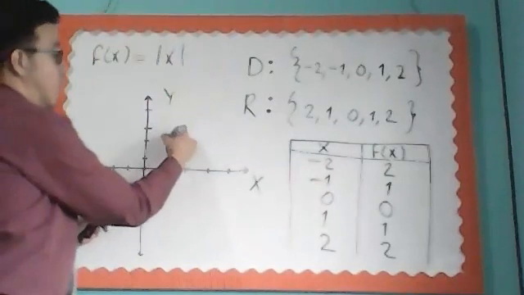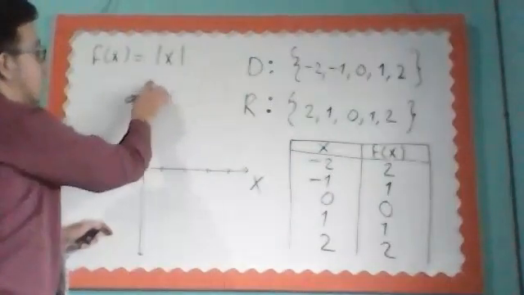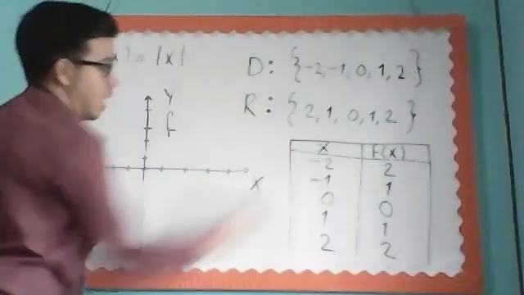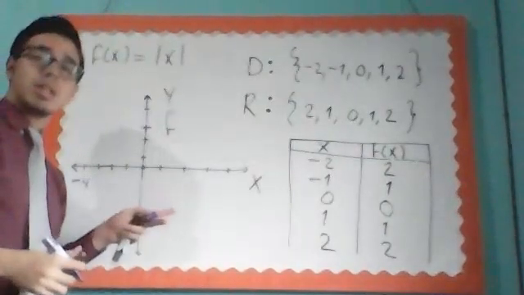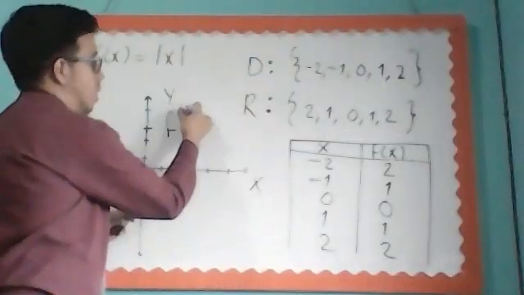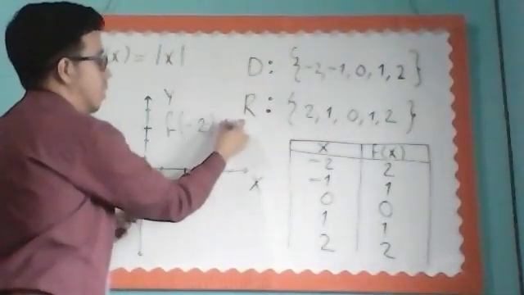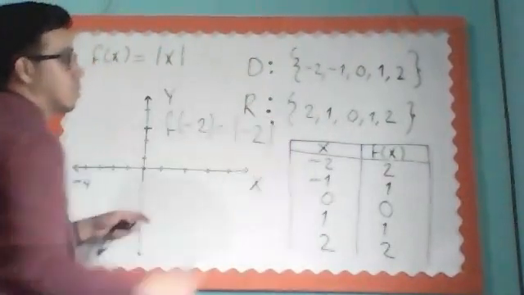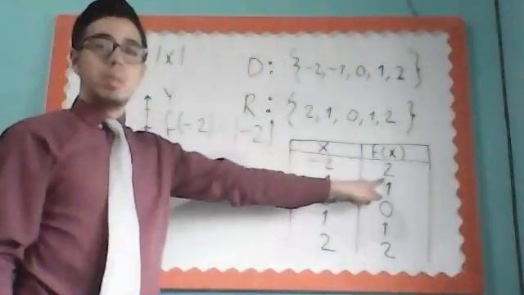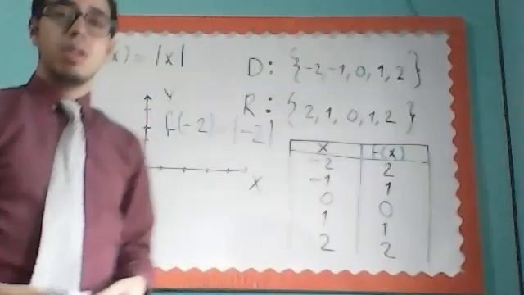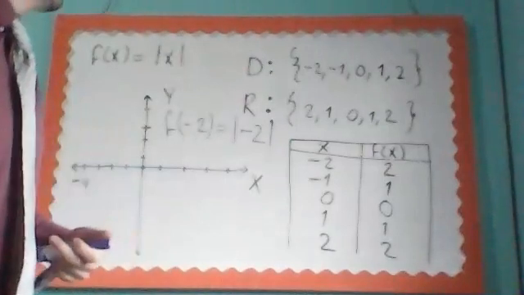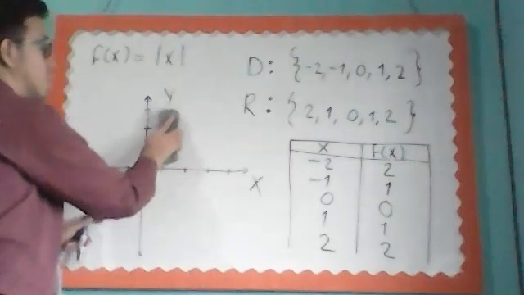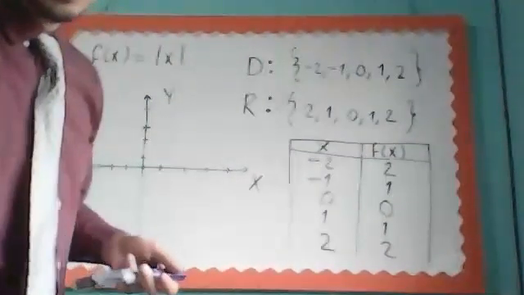For example, if you have that f of x is equal to the absolute value of x, you replace x with -2. F of -2 is equal to the absolute value of -2. And what is the absolute value of -2? +2, right? That is the way you obtain the numbers, but I'm not going to write everything.